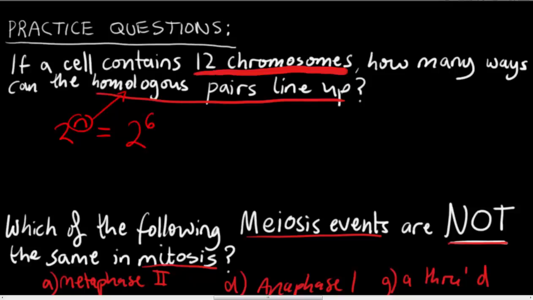If there's 12 chromosomes, then that means there's 6 homologous pairs, so 2 to the power of 6 is the answer to this question. 2 to the power of 6 is the number of ways that the homologous pairs can line up along the metaphase plate in metaphase. And therefore, there are 2 to the power of 6 gametes possible.